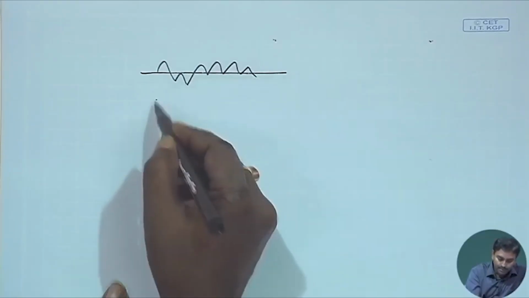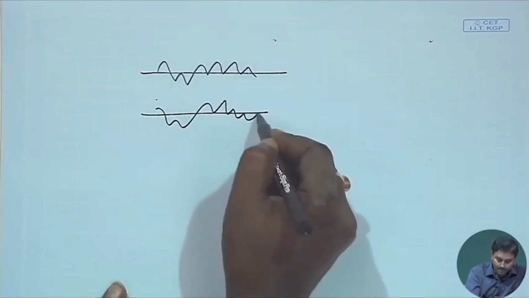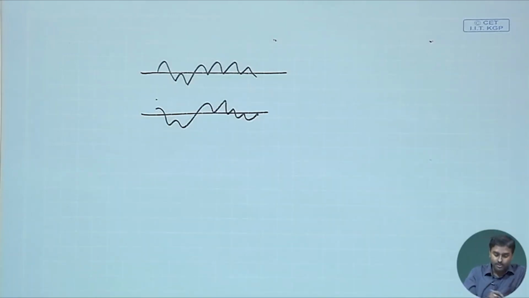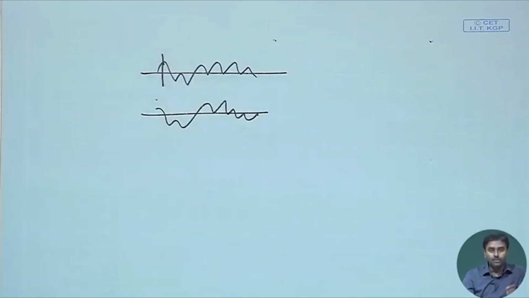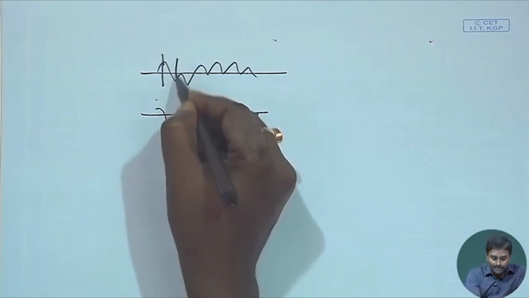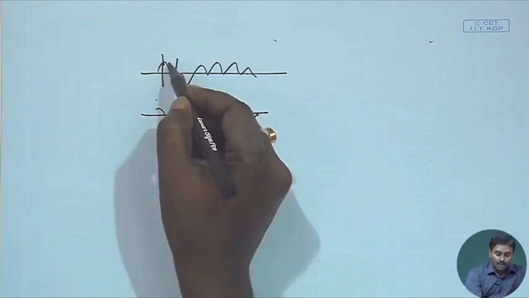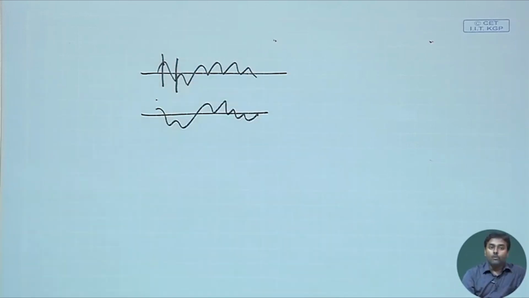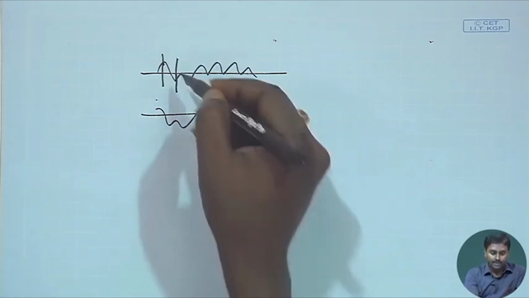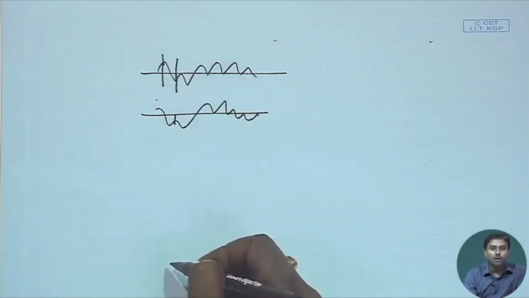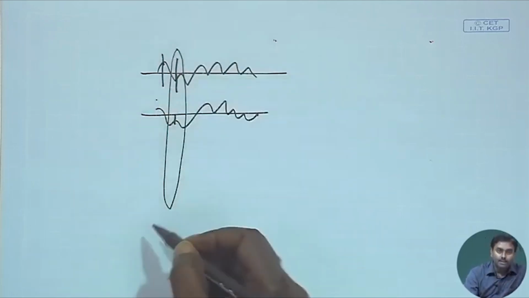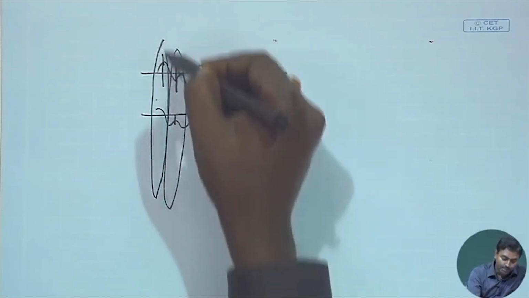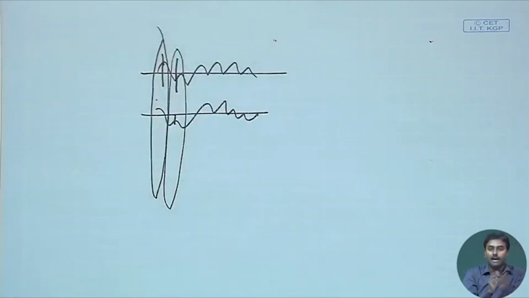So, I have a signal like this, I have another signal like this. Now, what I also wish to see is that at a particular time instance I have this value, and in another time instance, whatever value or whatever statistical property I get, if I take the snapshot among all the signals, will that have any dependency on the statistical property that I have observed at an earlier or later time instance.